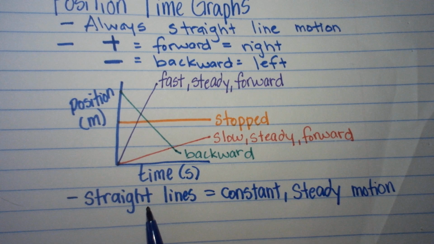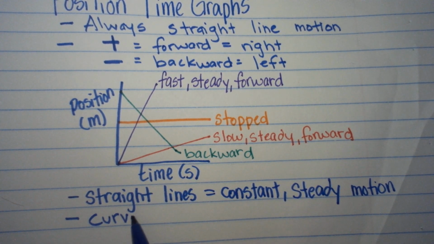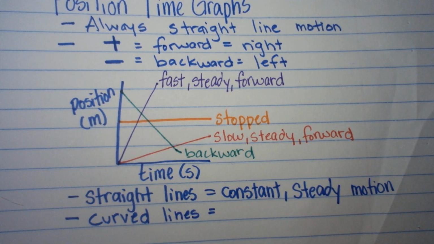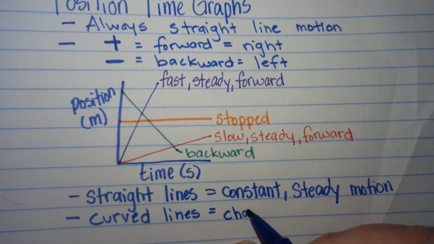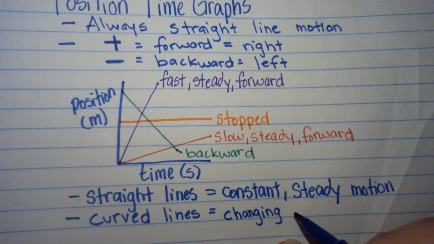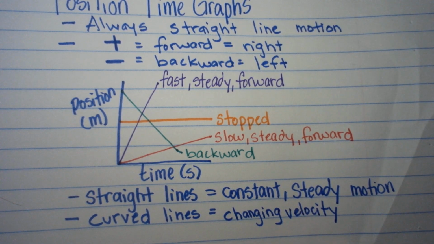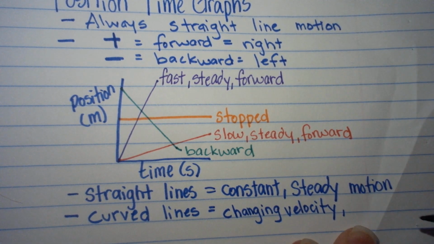If I have a straight line, that means it's constant or steady motion. What does a curved line mean? I'm going to be changing this velocity or the speed. I'm changing my motion. So depending on the direction of the curved line, I might be speeding up or slowing down. All right, we'll talk about those lines here in a second.